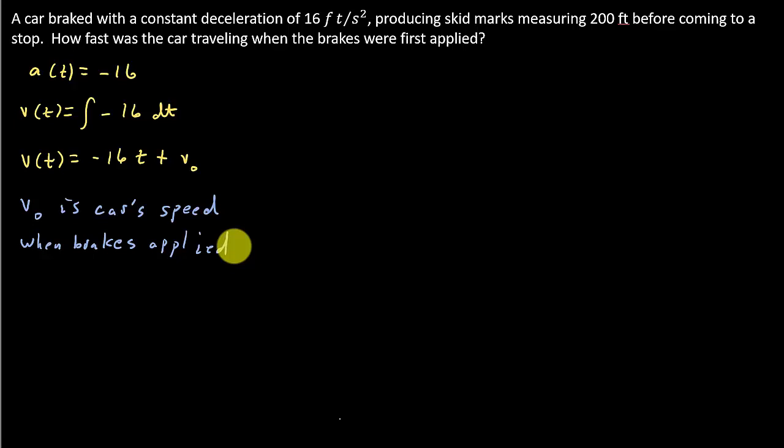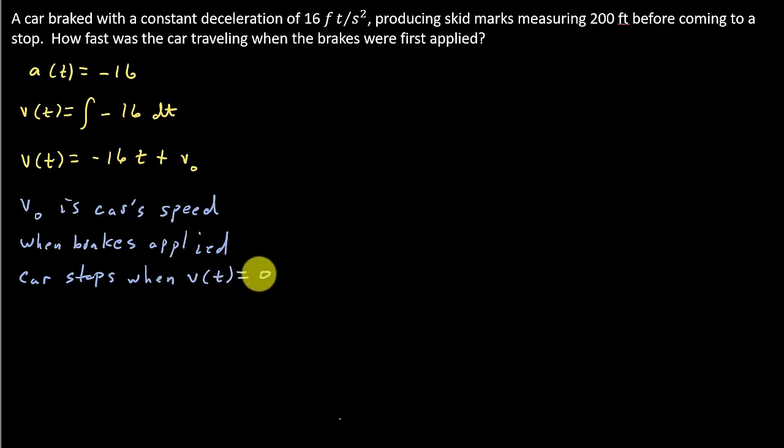Now, what else do we know? Well, we know that it produces skid marks measuring 200 feet before coming to a stop. So when it comes to a stop, the skid marks were 200 feet. We also know that the car stops when the velocity is 0.